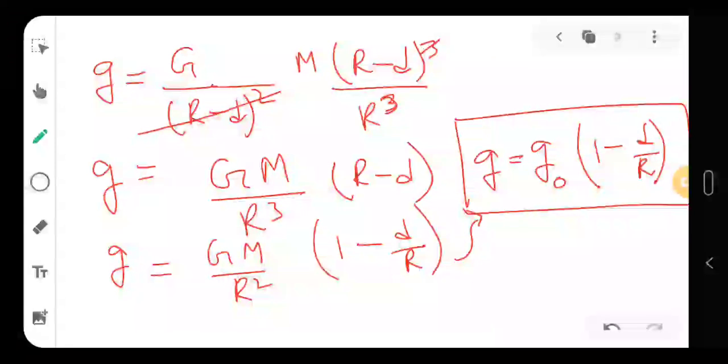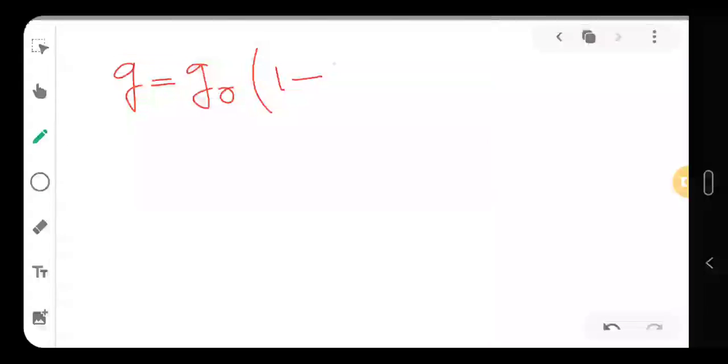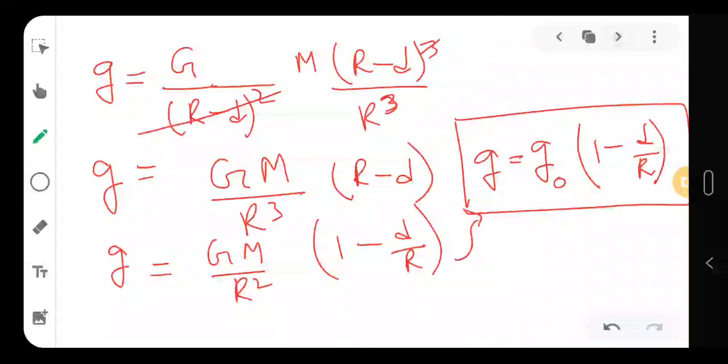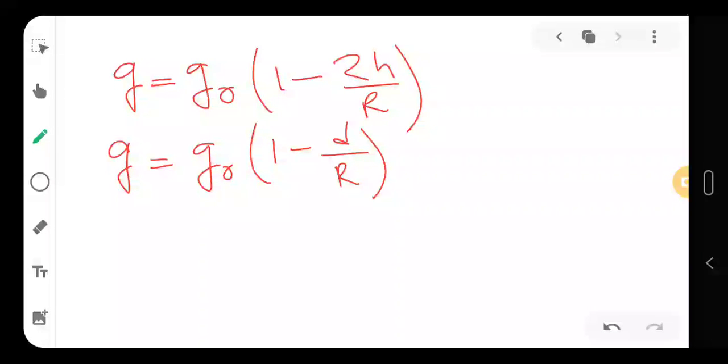Okay. So I'm just writing these two formulas together. g is my g0 times 1 minus 2h by r, as far as I remember. Yes. And this is for height, and g is equal to g0 times 1 minus d by r. This is for depth. So what is the graph? The graph will be like this.